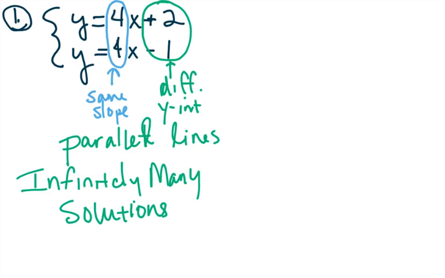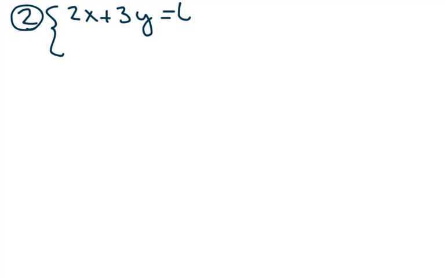For our second example, we have the system 2x plus 3y equals 6, and 8x plus 12y equals 24.